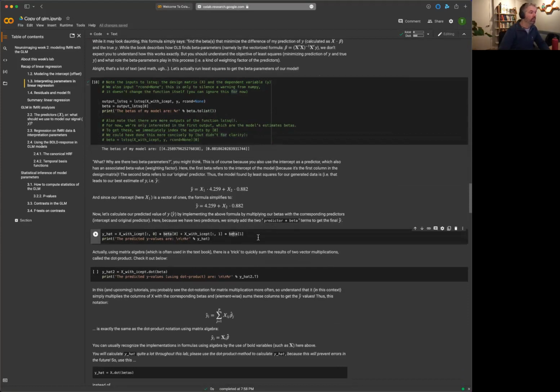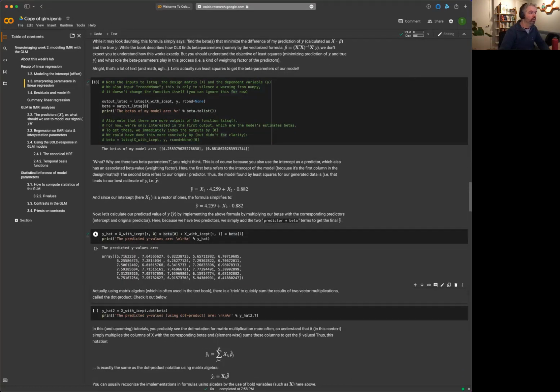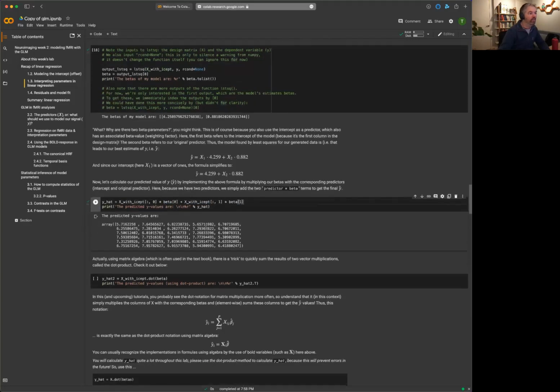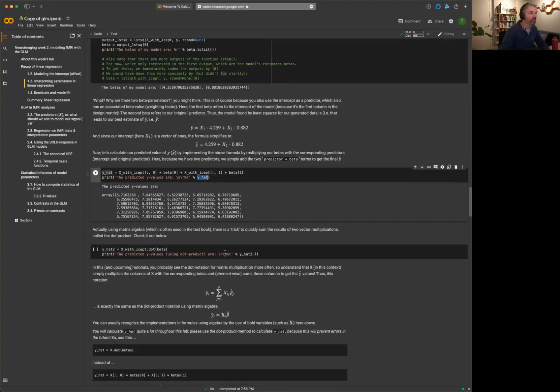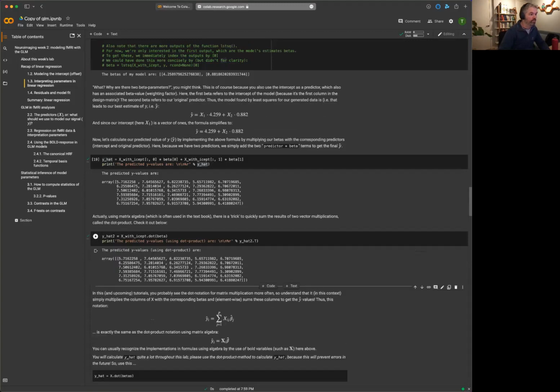And now we can have a look at how these betas explain the data, right? We have to combine them with the original x's. That gives us the possibility of constructing our explained signal, this y hat. Now, the same thing can be done by means of a dot product.